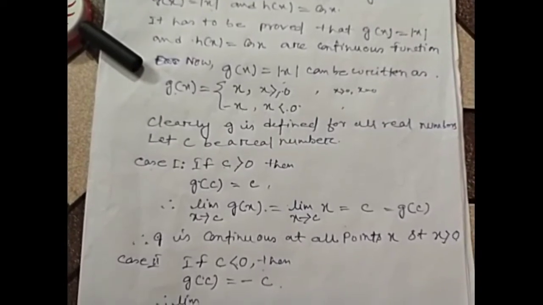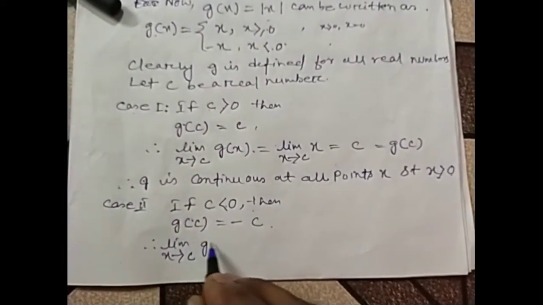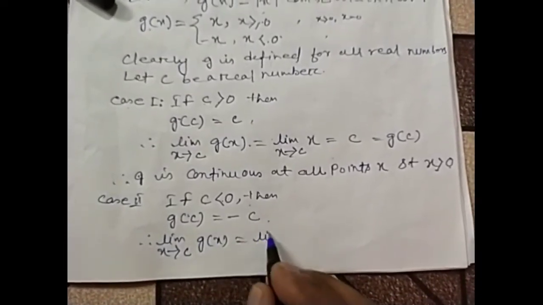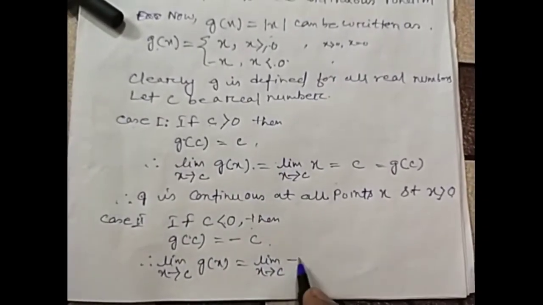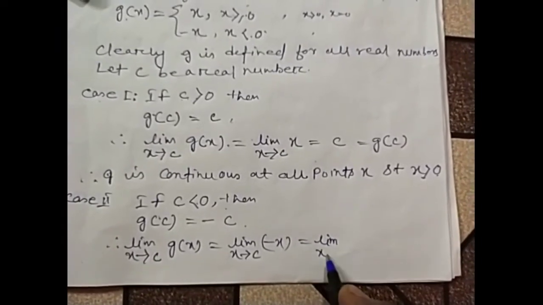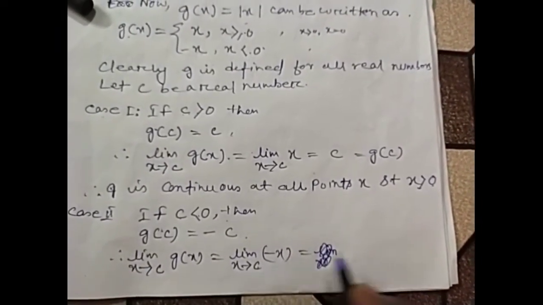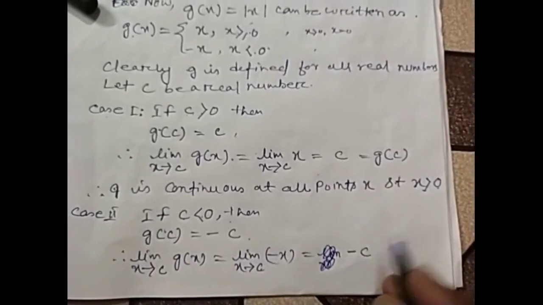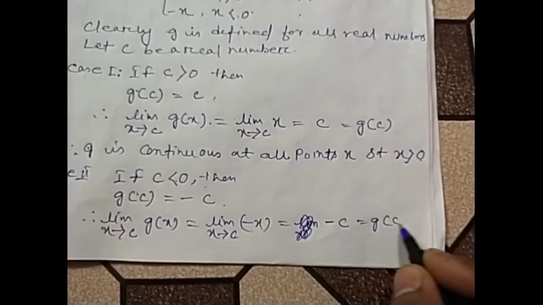Therefore, limit x tends to c of g of x is equal to limit x tends to c of minus x. You can directly put the value, so you will get minus of c, which is equal to g of c.